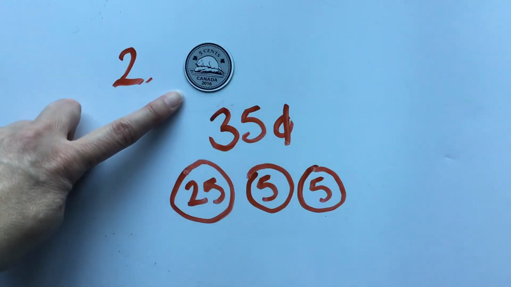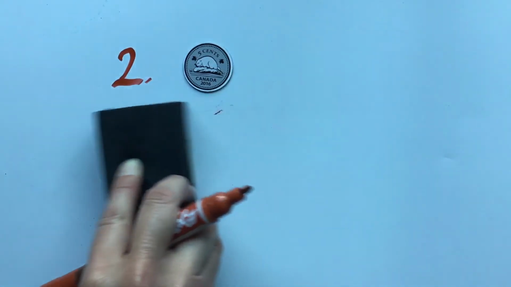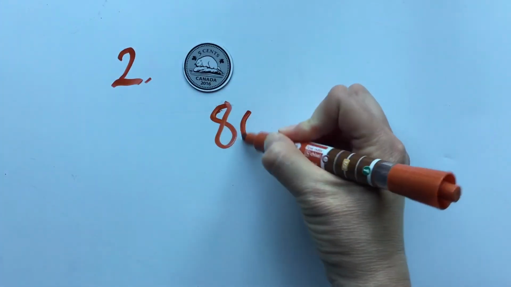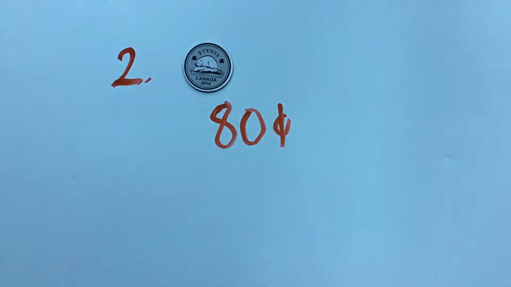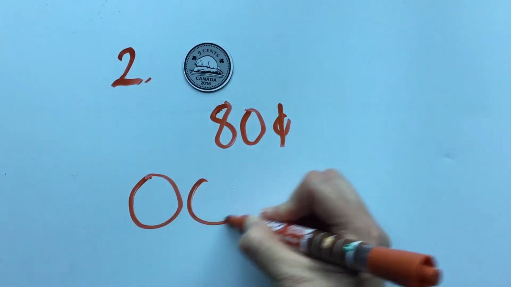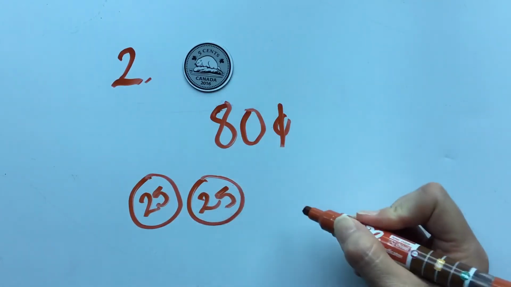Let's do another example for question number 2 where you're adding nickels to reach a total value. What if I want to reach 80 cents? Let's say you want to buy a candy bar. It costs 80 cents. You reach in your pocket and this is what you have. 2 quarters and a dime.